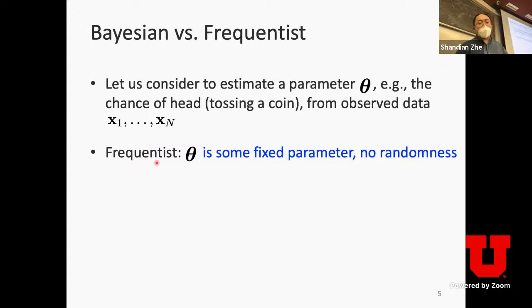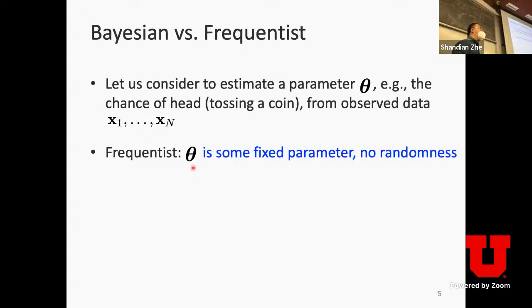In the frequentist point of view, theta is an unknown yet fixed parameter. It is a constant, unknown parameter that is there. My goal is that through many experiments, I want to get closer and closer to this ground truth. There is no randomness on this theta.